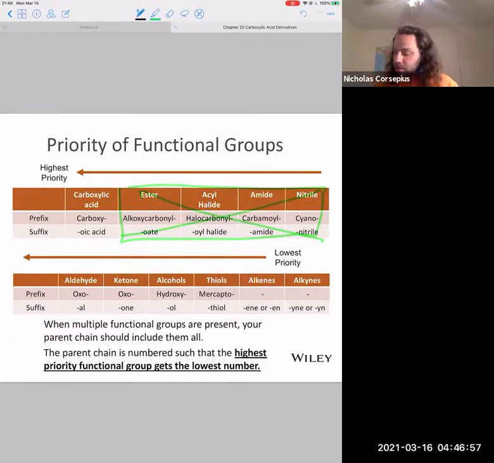When we started the semester, we were over here at alcohols, and then we added some more functional groups. Carboxylic acids are the highest priority functional group we're going to learn about in this course, which makes the alcohol a lower priority group. So instead of referring to that alcohol group with the ol suffix, we're going to use the hydroxy prefix.